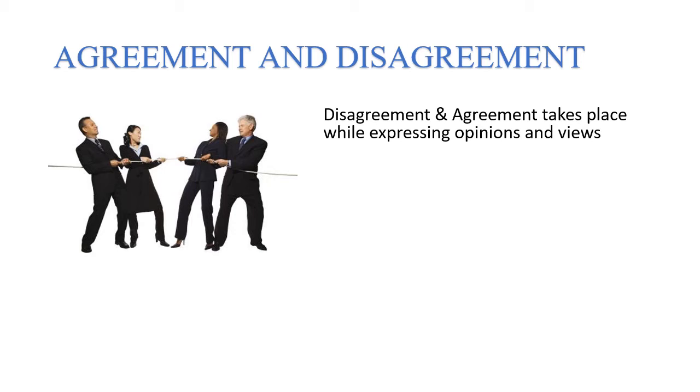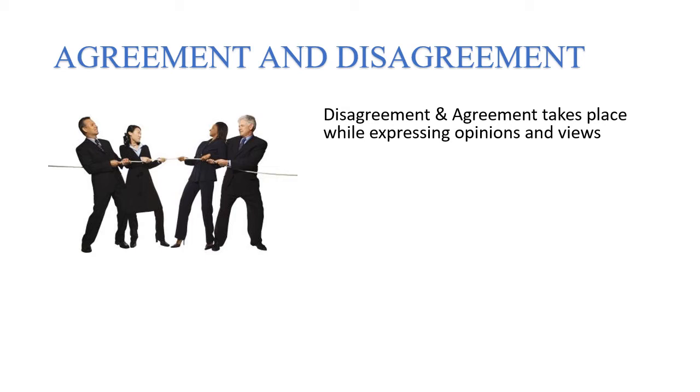In a discussion, agreeing or disagreeing with someone's point of view is a normal part of conversation. You will most likely have to respond to views when conversing with others. This may happen when you are attending a meeting, an interview, in a group discussion, or just socializing with others.